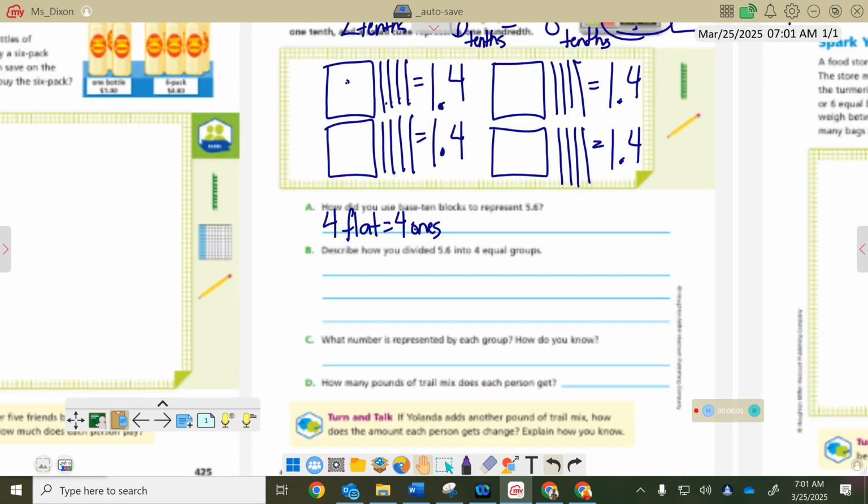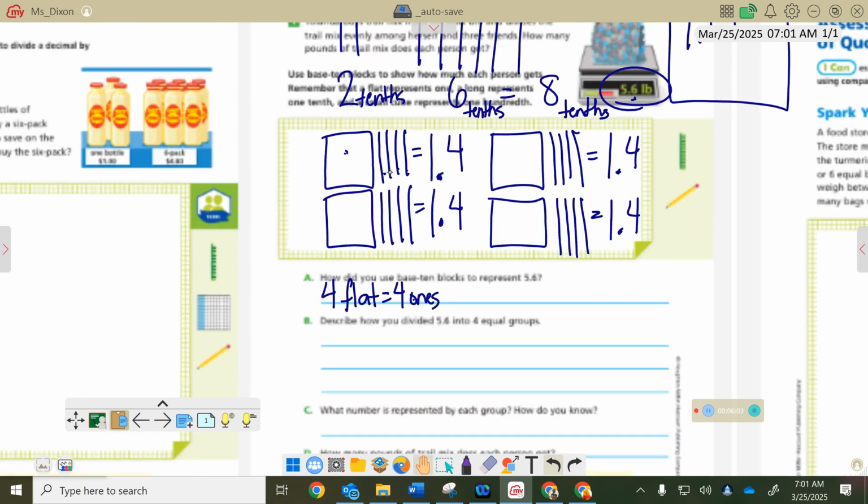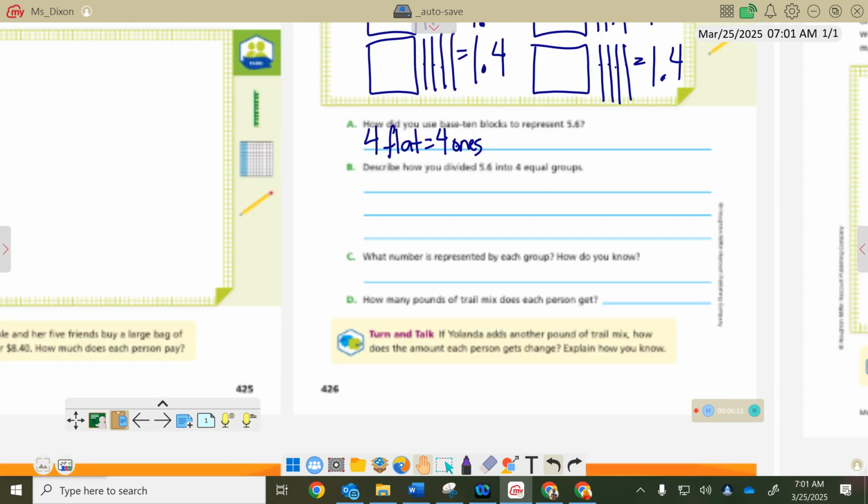And then we use 1, 2, 3, 4, 5, 6, 7, 8, 9, 10, 11, 12, 13, 14, 15, 16 rods, which was 16 tenths, which equals a total of 5 and 6/10.